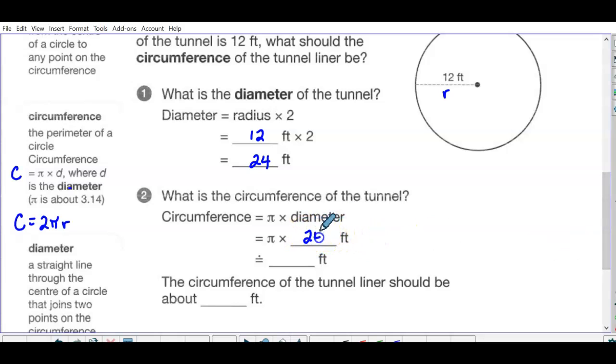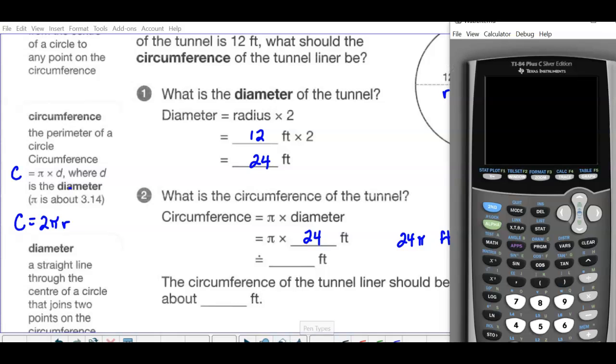So pi times 24. Now, when you do this in your calculator, if we're finding the decimal form, sometimes we might leave it as 24 pi feet. If we're asked, you'll see an approximate sign, we want the decimal form. You may have in the past used 3.14. I don't want you to.